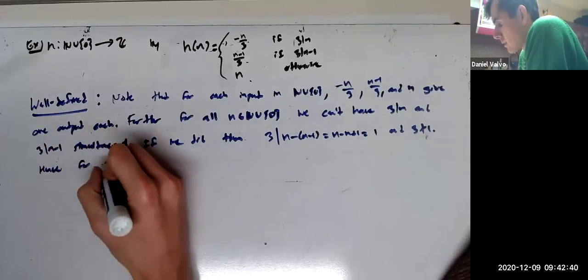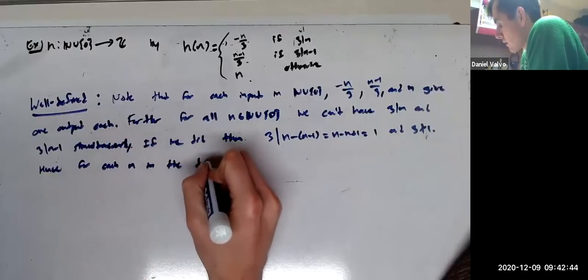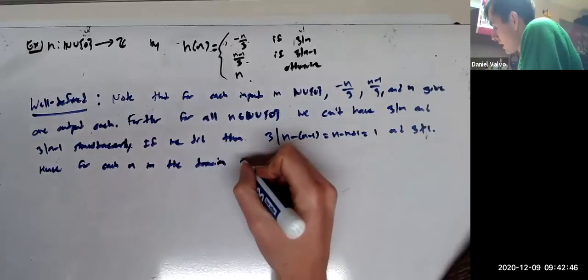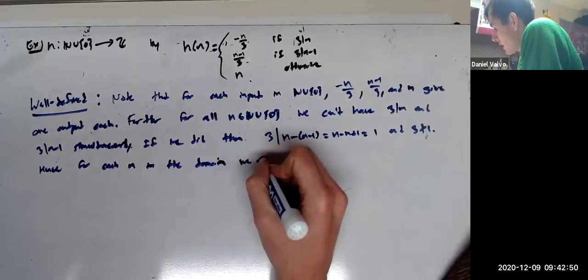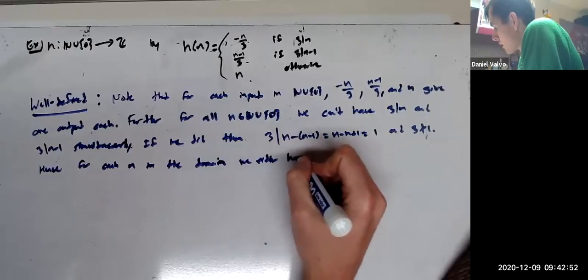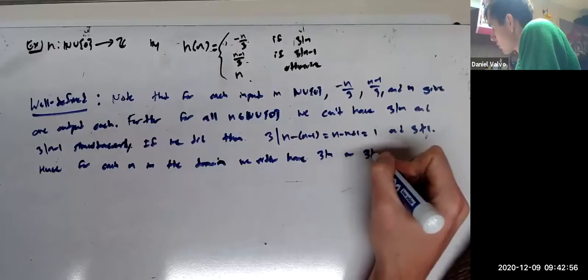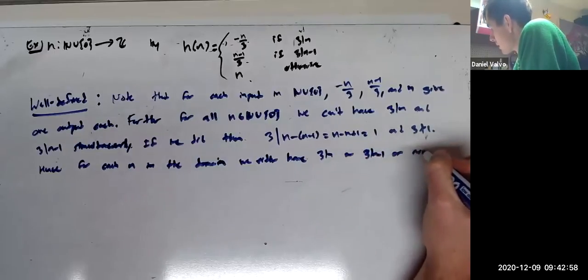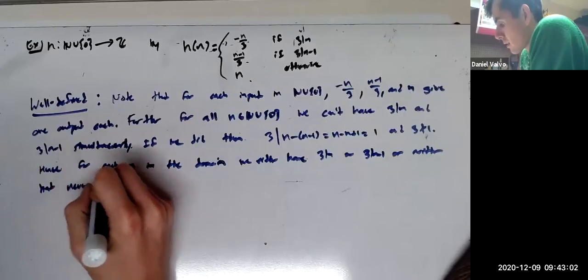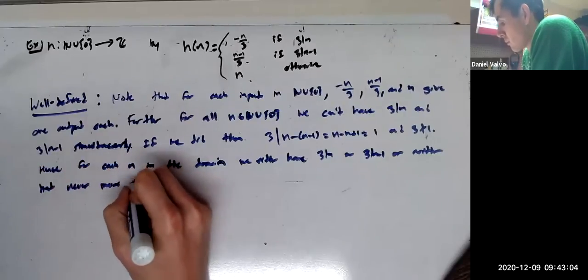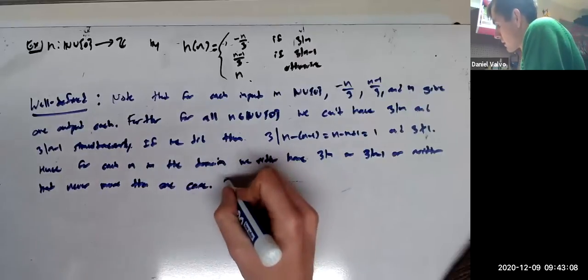Hence, for each n in the domain, we either have 3 divides n, or 3 divides n minus 1, or neither, but never more than one case.